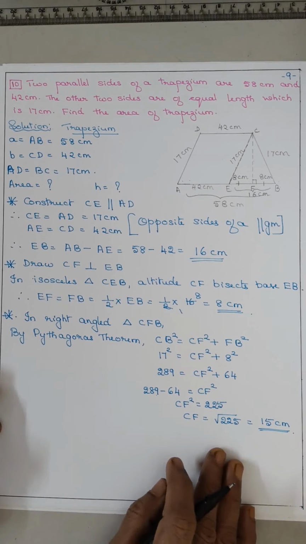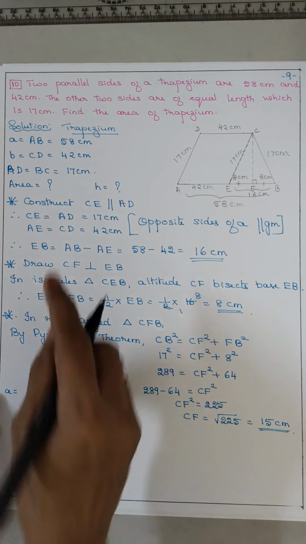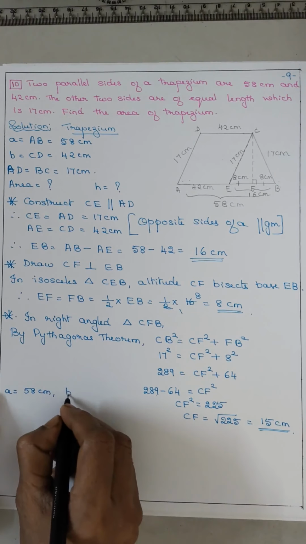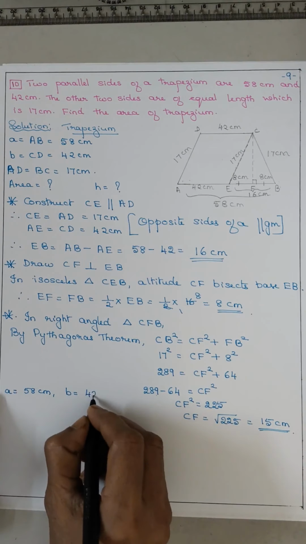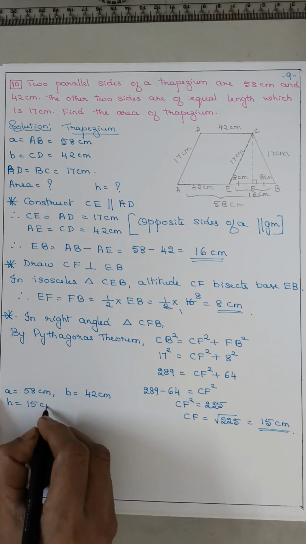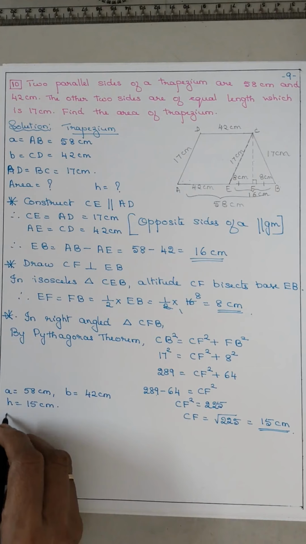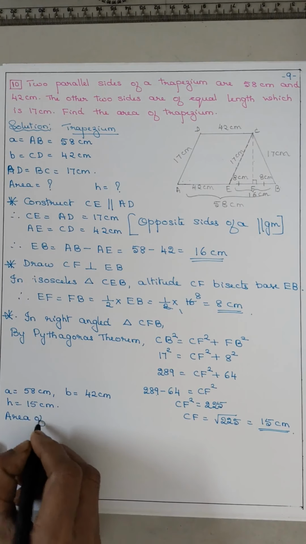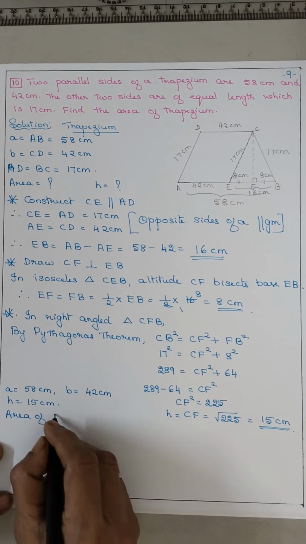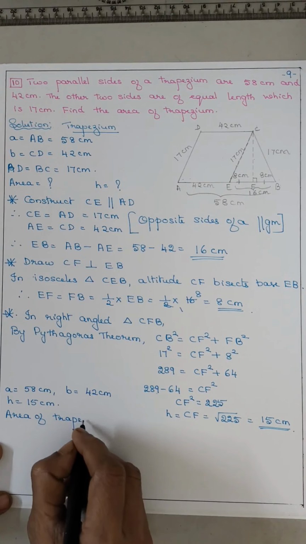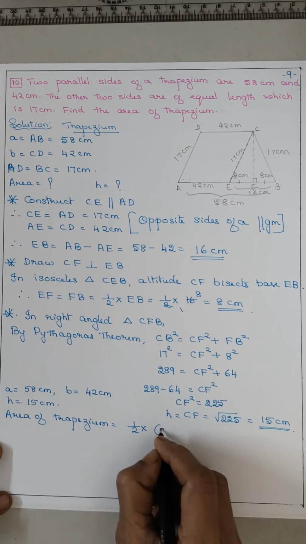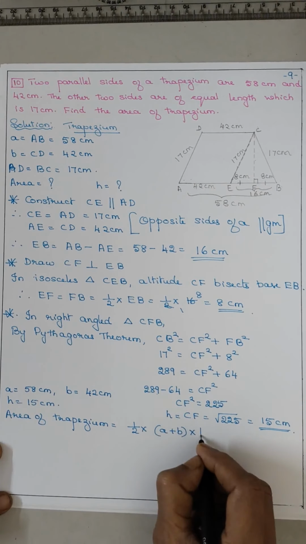Now you have to write A is equal to how much? 58 centimeter. B is equal to 42 centimeter. And you got H is equal to 15 centimeter. Therefore, area. CF is H. Remember. So, area of trapezium is equal to half into A plus B into height.